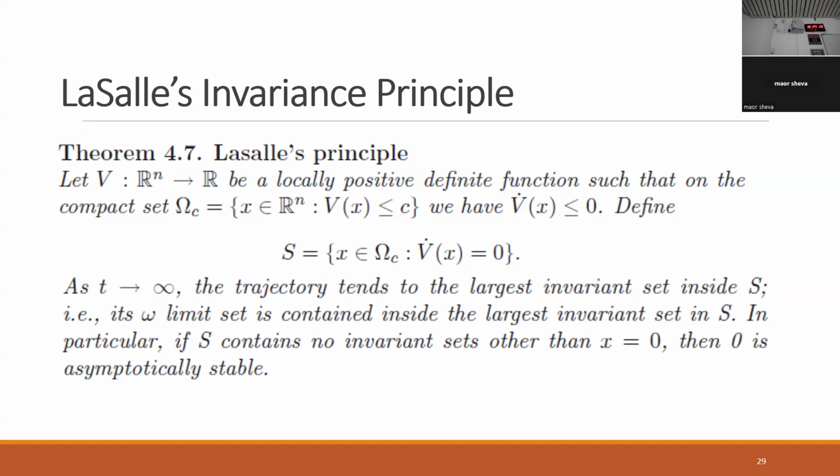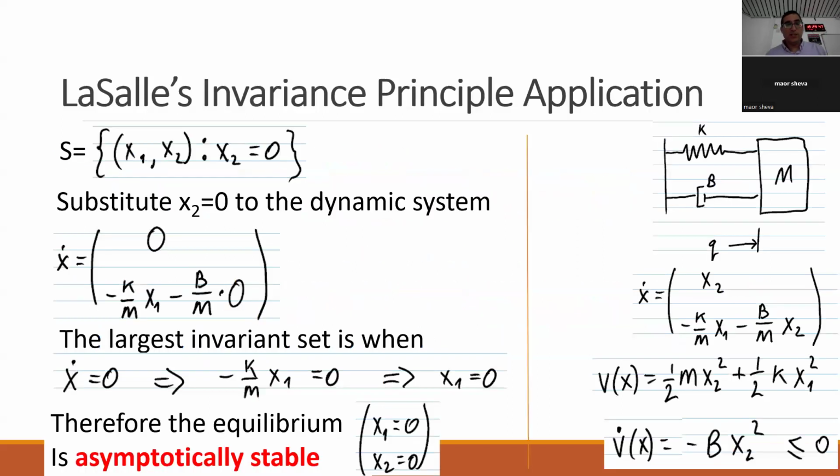Its omega limit set is contained inside the largest invariant set in S, in the solution to the dynamical system. In particular, if S contains no invariant set other than X equals 0, then 0 is asymptotically stable. So I'll show you how we implement this.